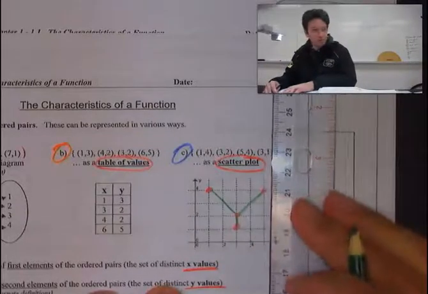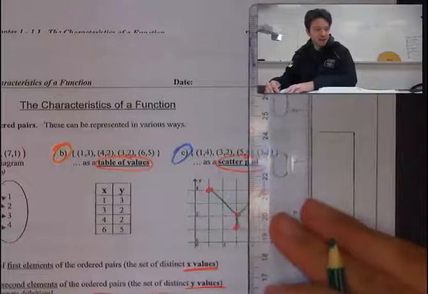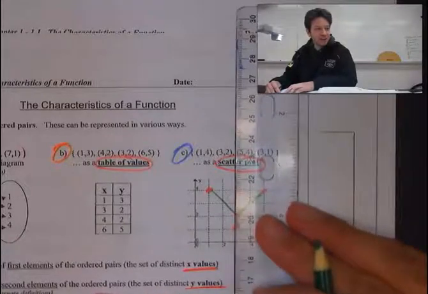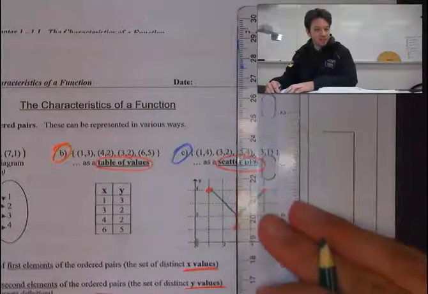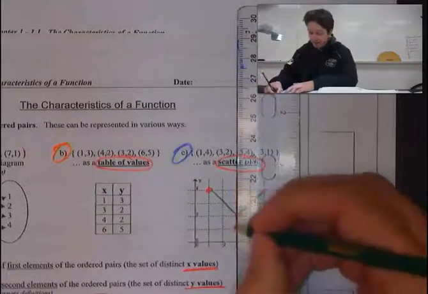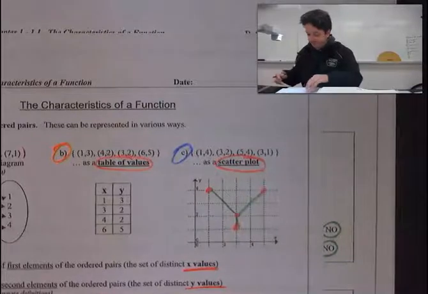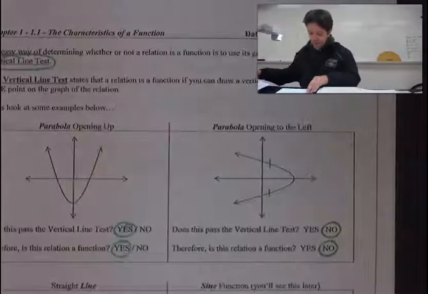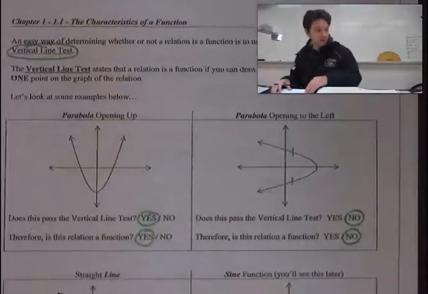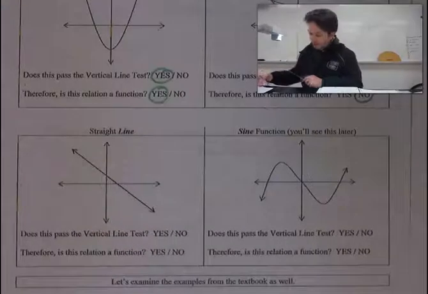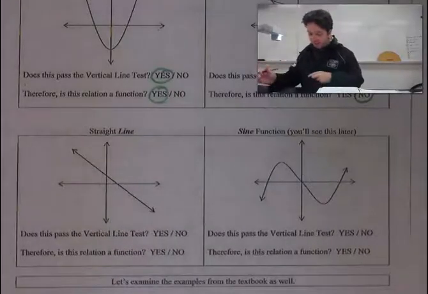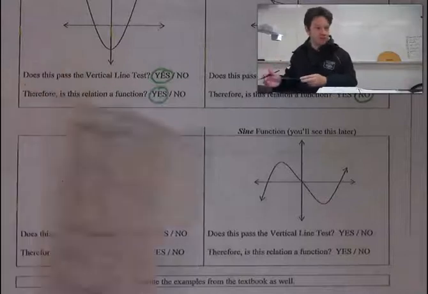As I move over, we're okay, we're okay, we're okay until we get here. At this point, it crosses at 2 points, therefore not a function. Okay, just pause there.